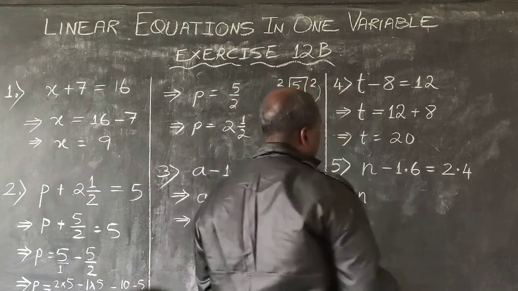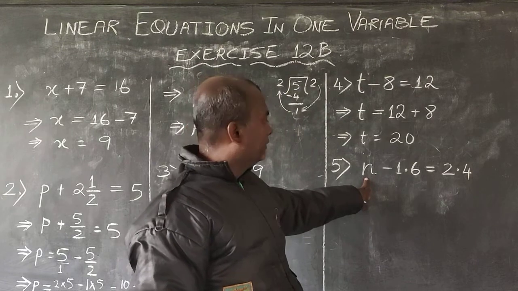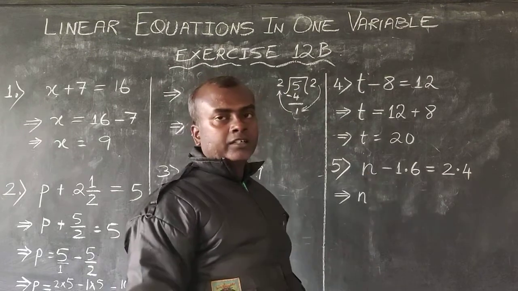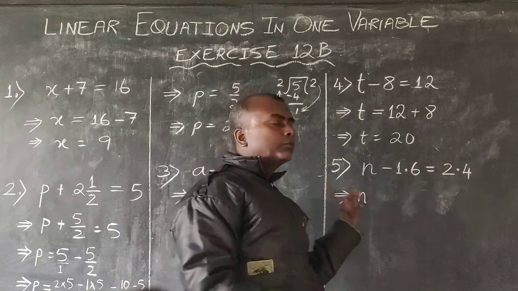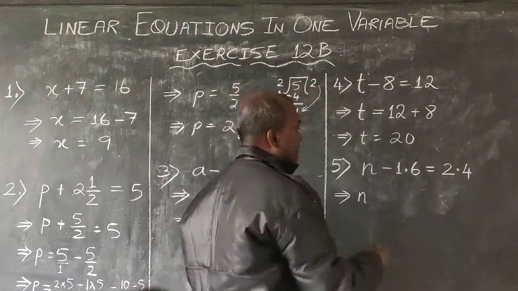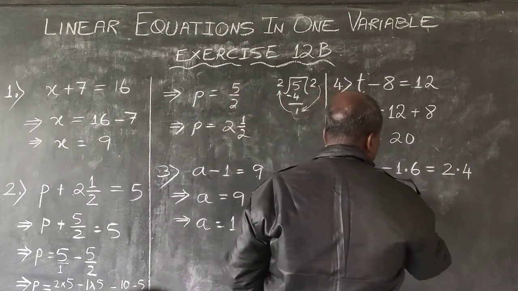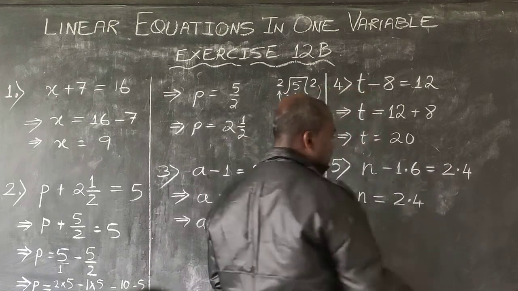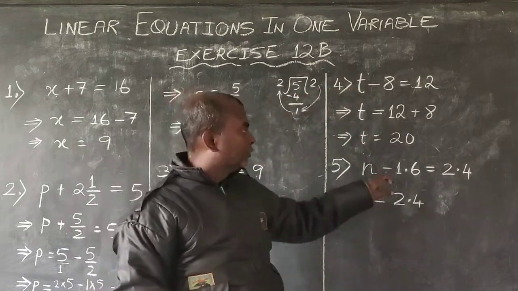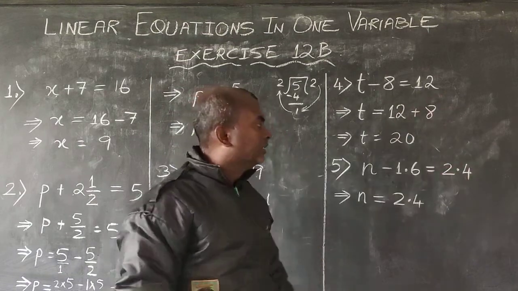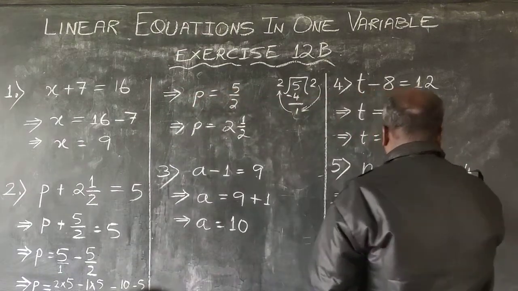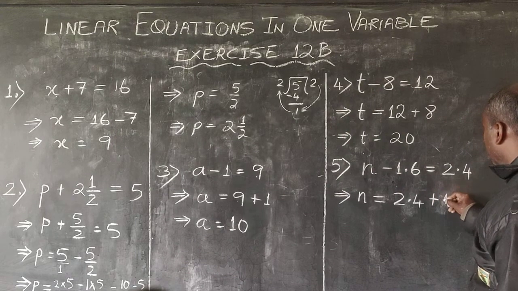So in order to isolate the variable, what is the variable? Variable is n. We have to take minus 1.6 from the left side of equals to the right side. So on the right side already 2.4 is present. So I will have to take minus 1.6 on the other side.